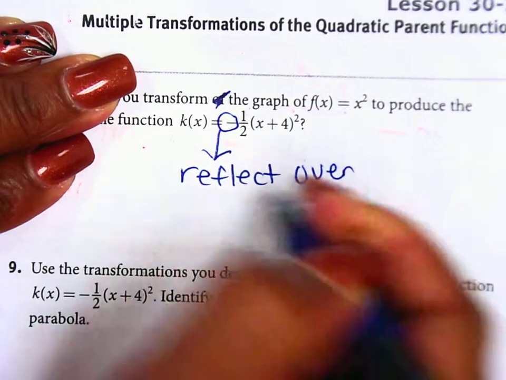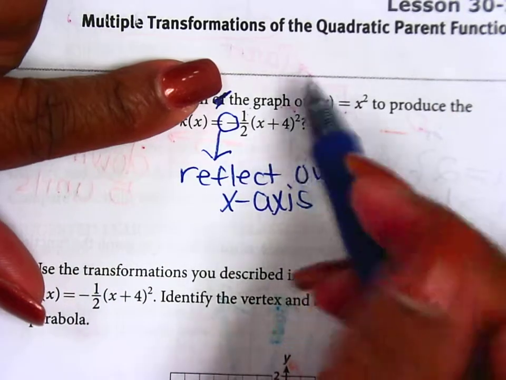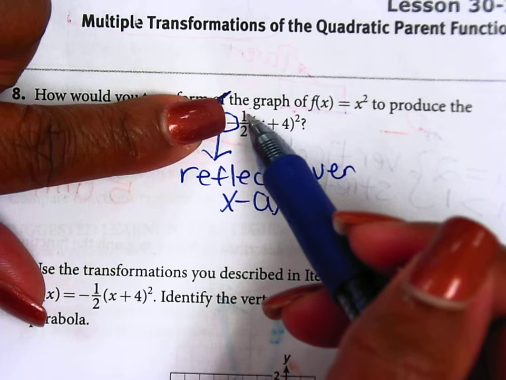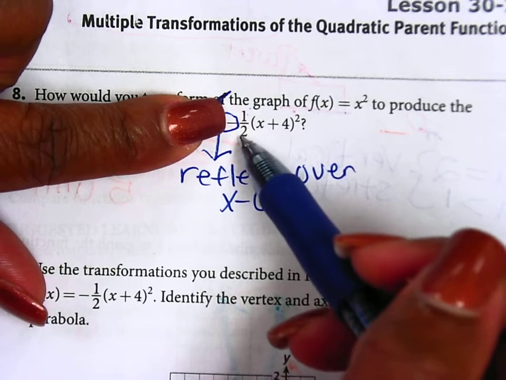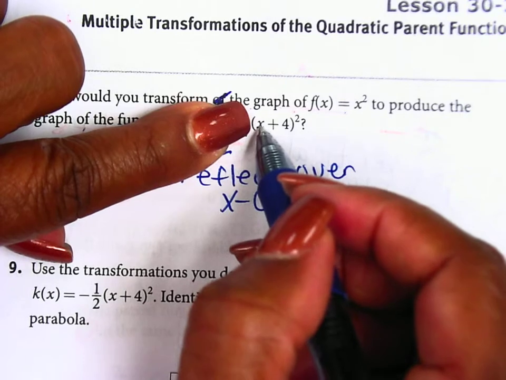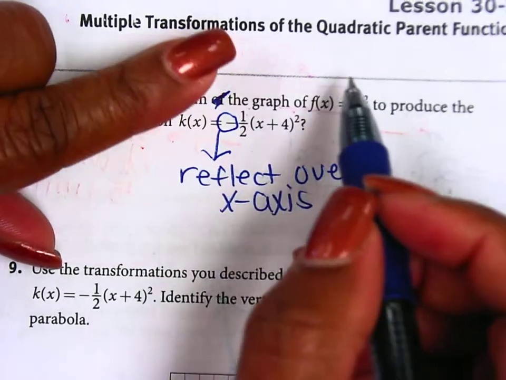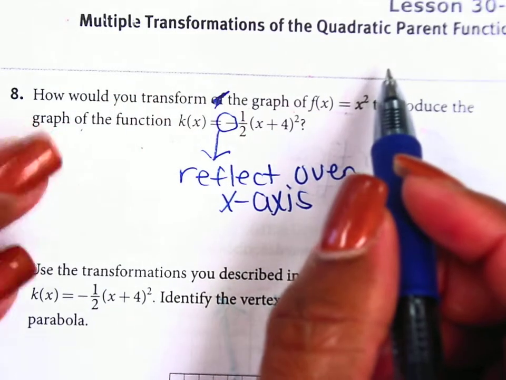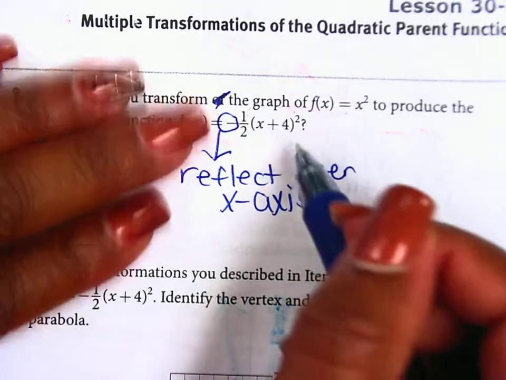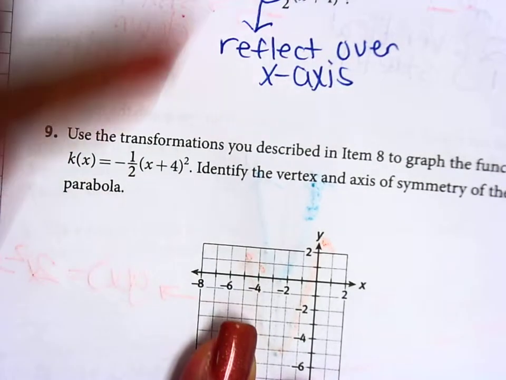That you know for sure. Some of you may say, I know that this is between 0 and 1, so it's going to be a vertical shrink. Yes, but if it was a coefficient besides 1 on this x, it could change it. So I would say just make a table of values and graph the equation, and then compare and identify the transformation.